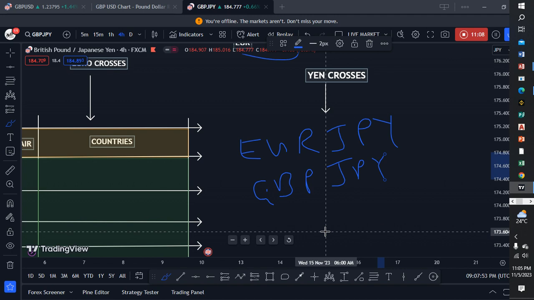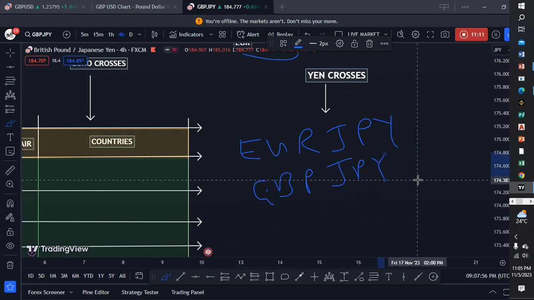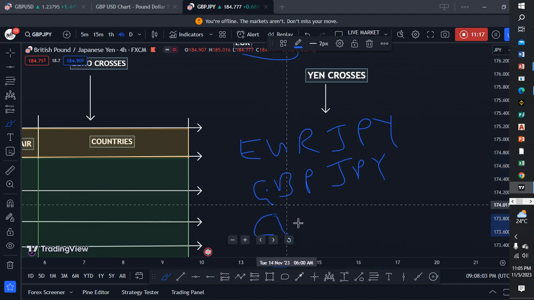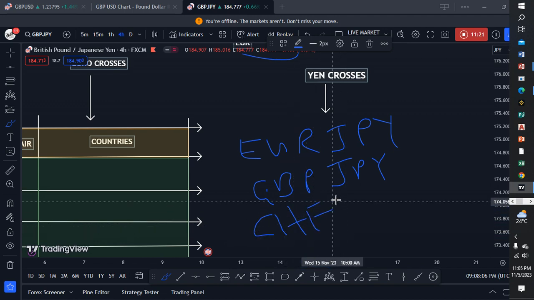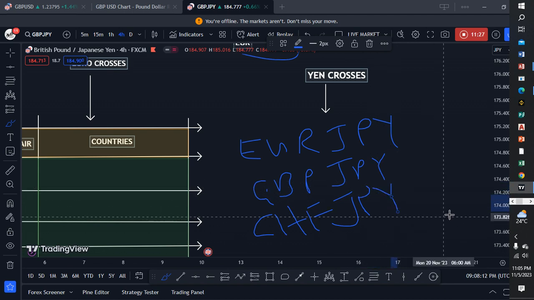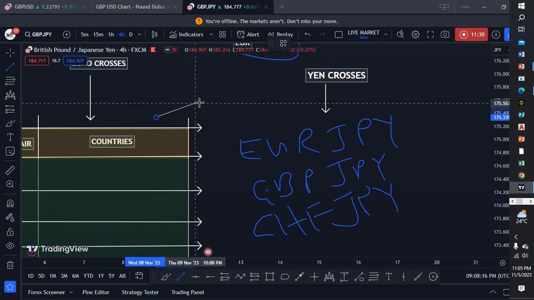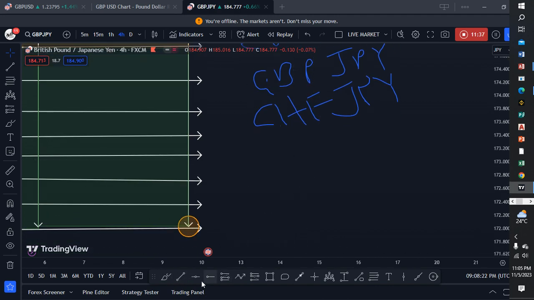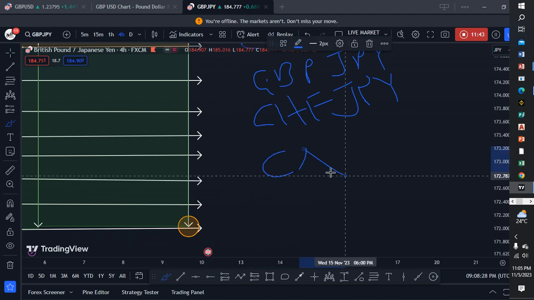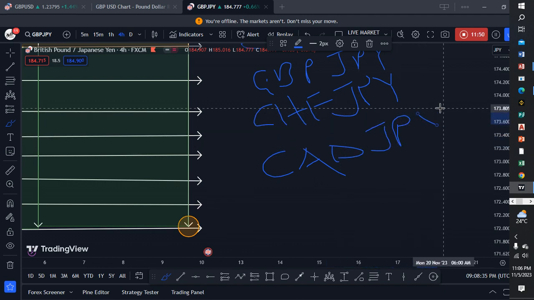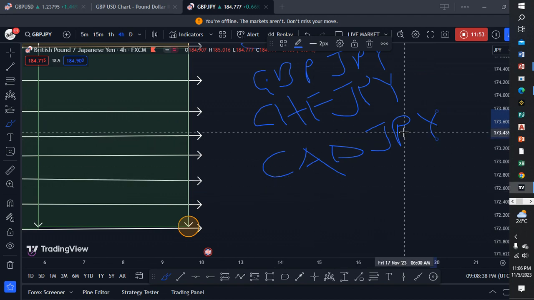Also, you have the Swiss franc and the Japanese yen, CHF JPY. And also we have the CAD JPY, which is in Canada and Japan.